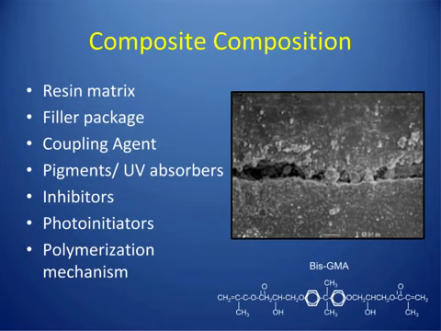Certainly the polymerization mechanism is controlled by the companies, by our base chemistry, to dictate how quickly these reactions polymerize, how completely they polymerize, and certainly impacting the volumetric shrinkage and the overall performance of the materials.